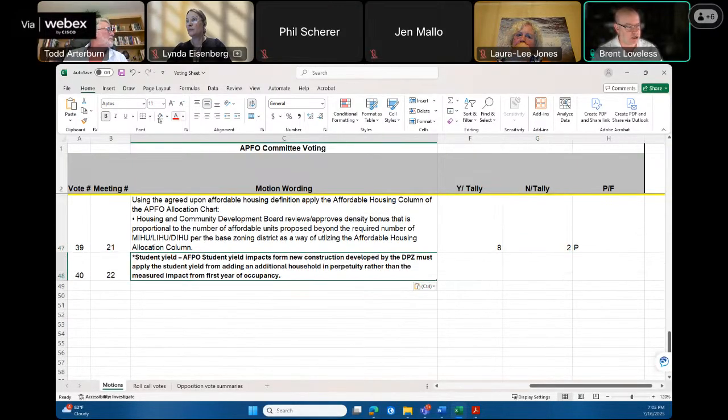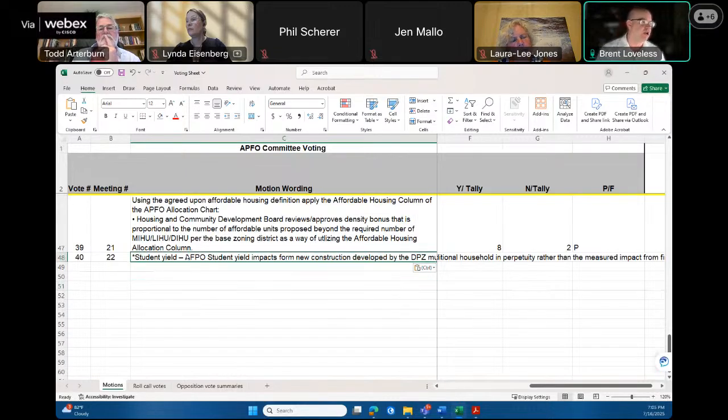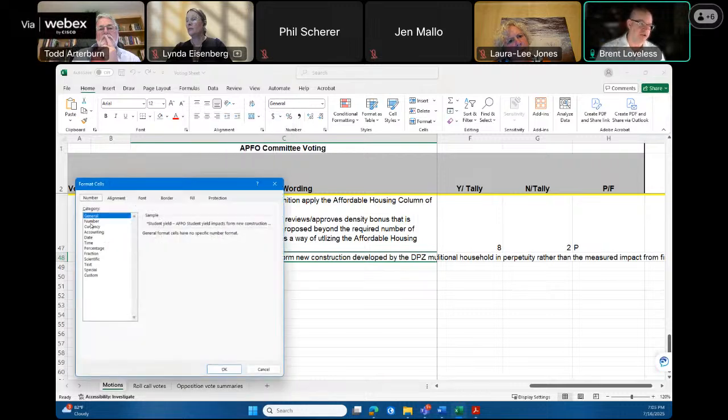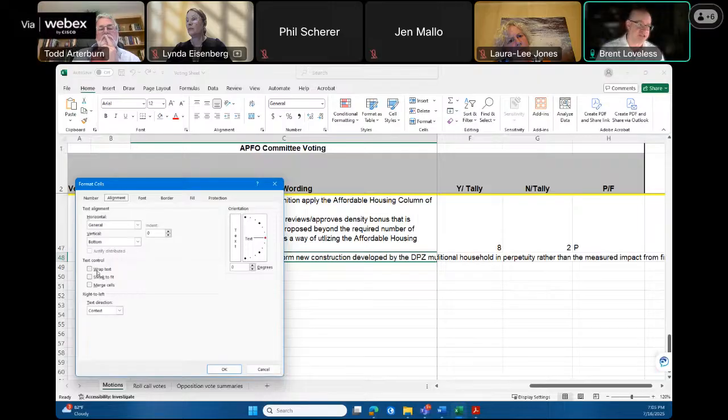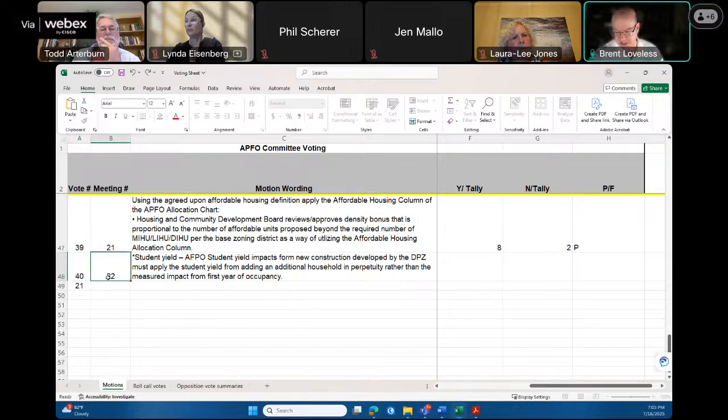What is done in prior APFO and school surcharge calculations is throw in existing households' incoming enrollment and combine it with new construction in order to effectively reduce the school surcharge by a factor of 60%. It's not an accurate count, and it isn't addressing it. We're addressing the number of new households being added to Howard County and how you mitigate it.